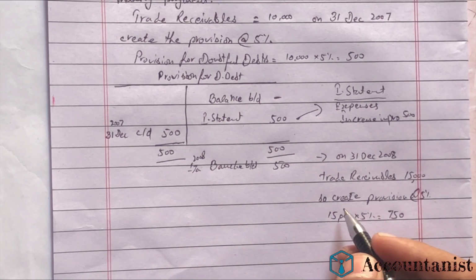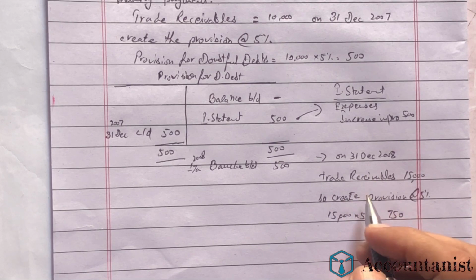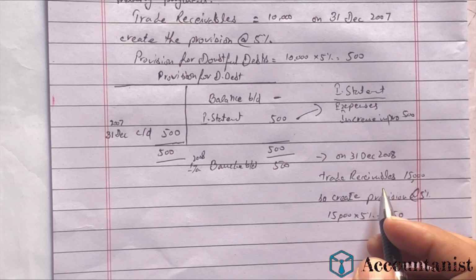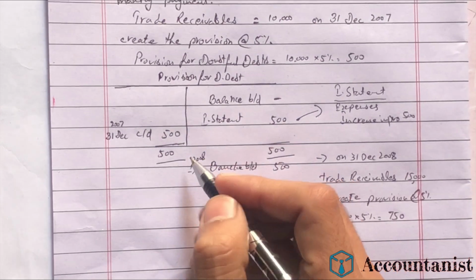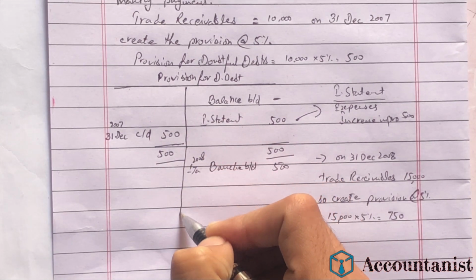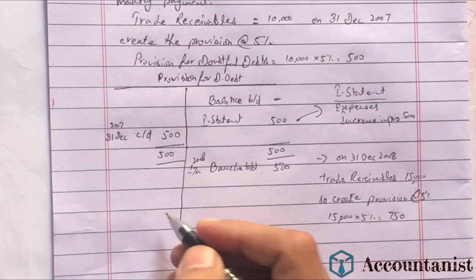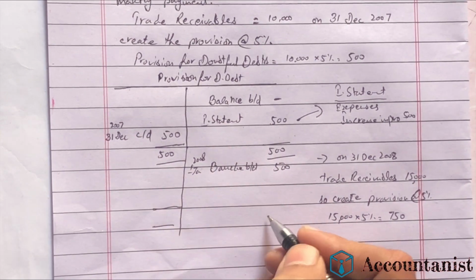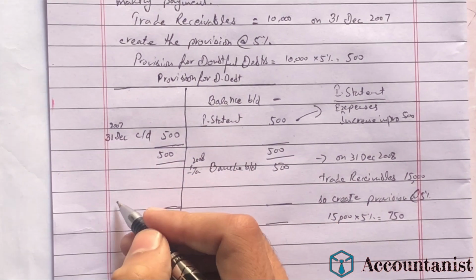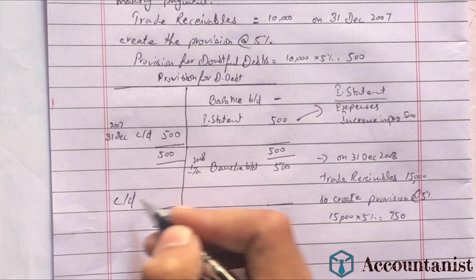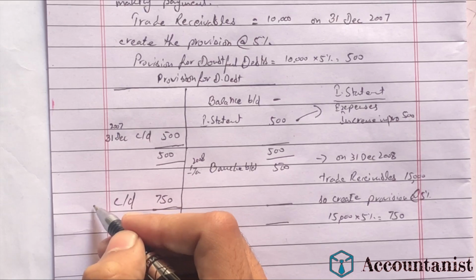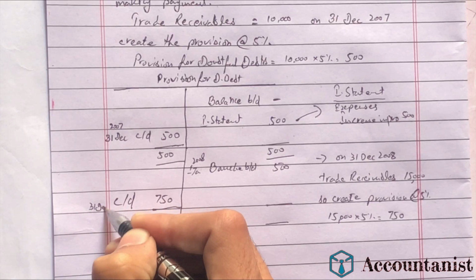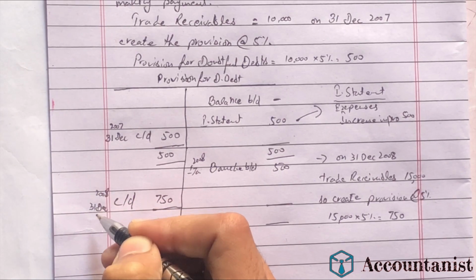Because this figure is on closing trade receivables, this will be our closing balance of provision. So I'm going to transfer this balance to the credit side as balance carried down, 750 on 31st December 2008.